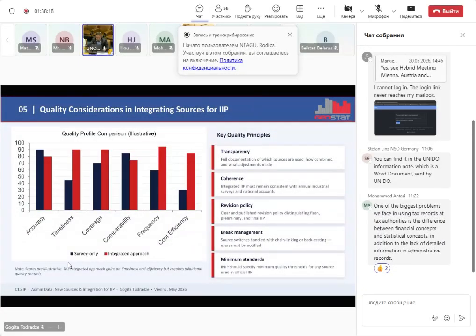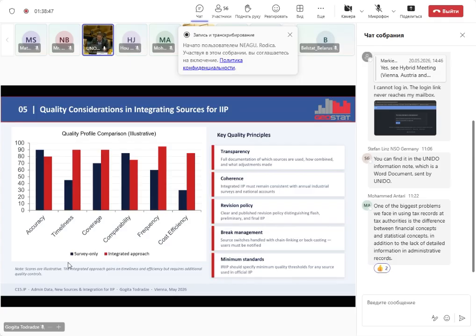So, as the chart on the current slide illustrates, survey-only and integrated approaches have fundamentally different quality profiles. Surveys score well on accuracy and comparability. Integration wins on timeliness, frequency, and cost efficiency. Neither dominates.